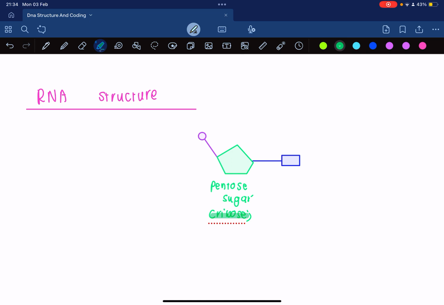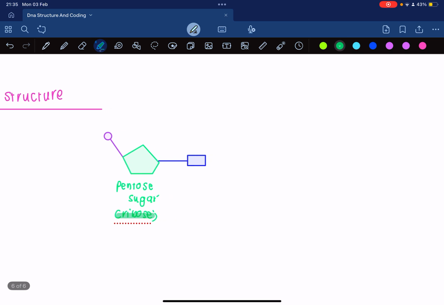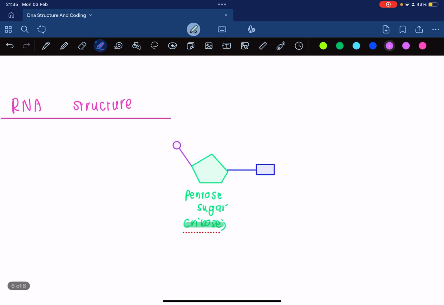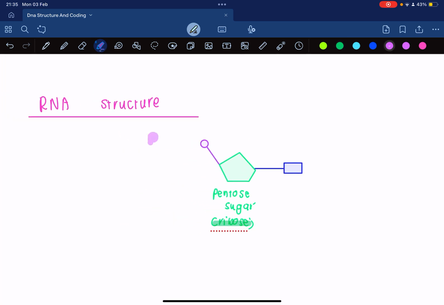I just need to clean my pen. Cool. Then we still have our phosphate, basically.